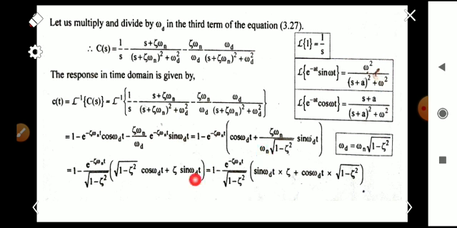Just exchanging these two terms, this becomes 1 minus e raised to minus theta omega n t divided by root of 1 minus theta square, into sin omega d t times theta plus cos omega d t times root of 1 minus theta square. We are going to substitute the terms theta and root of 1 minus theta square with simpler ones.